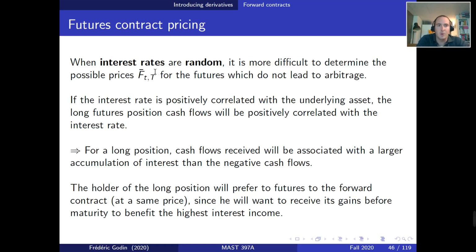Okay, so one key aspect to consider when interest rates are random for the pricing of futures is the correlation between interest rates and cash flows of the future. Okay, and cash flows of the future are basically variations or increases in the underlying asset price.